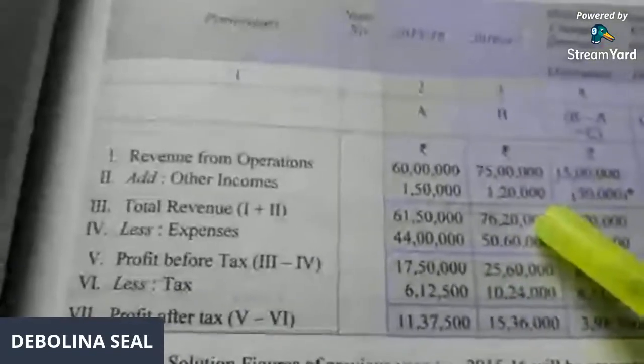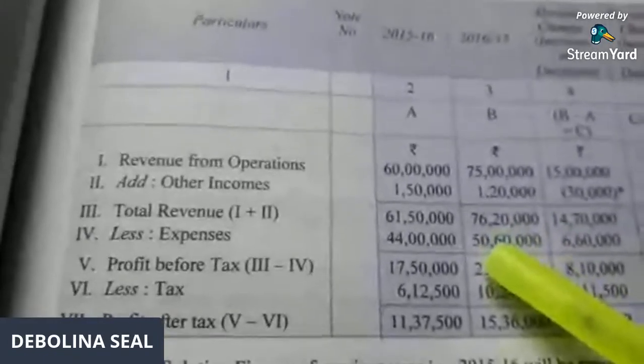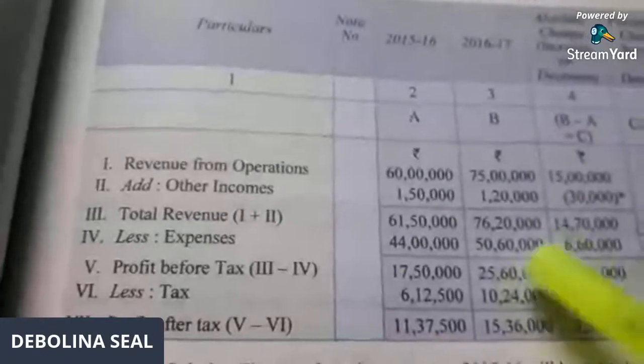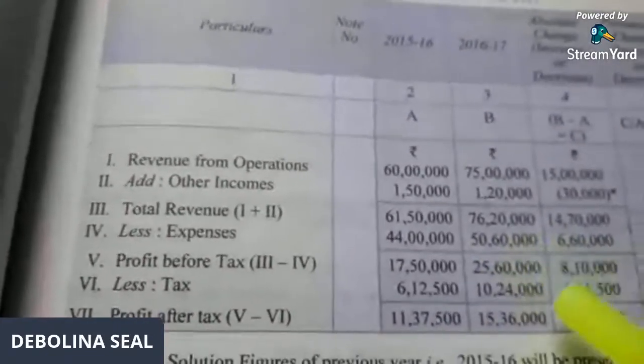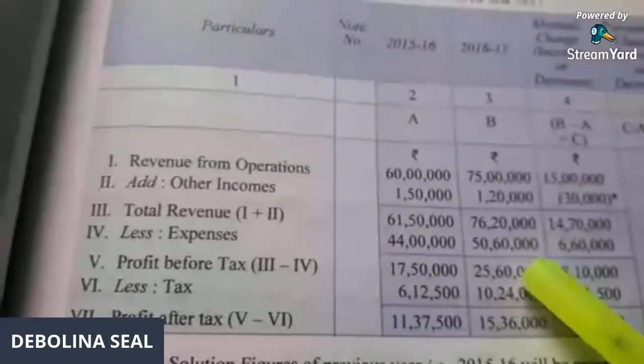Next, what is happening? Subtract expenses. When you subtract the expenses, 50 lakh 60,000, it comes to 25 lakh 60,000. So this is done.